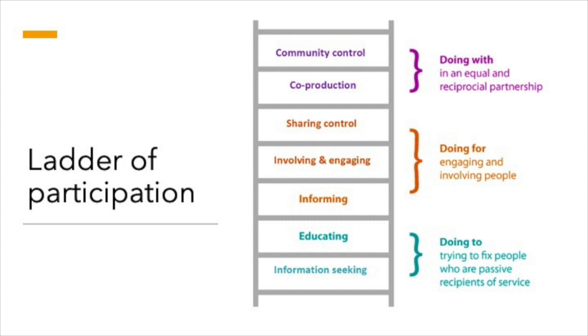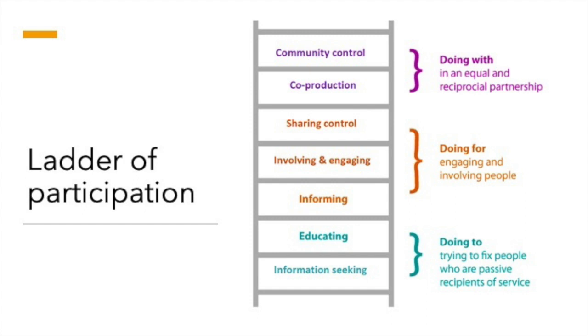It's not a test, but a useful way of looking at how you involve people. Most voluntary sector organisations are around the middle of the ladder, but anything you can do to move up the ladder will be well received. Involving beneficiaries in monitoring and evaluation is one way you can evidence their participation.